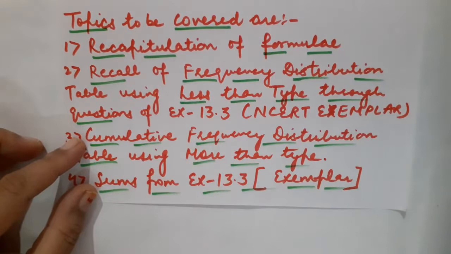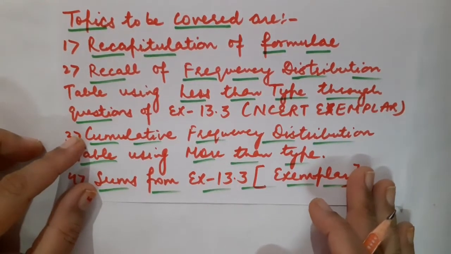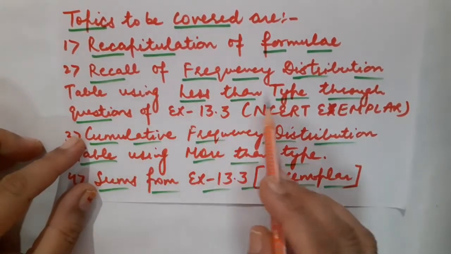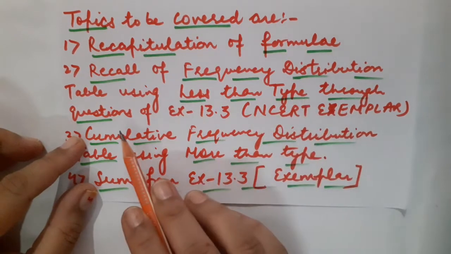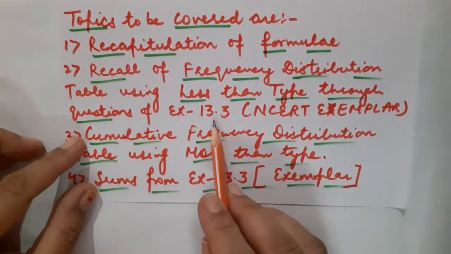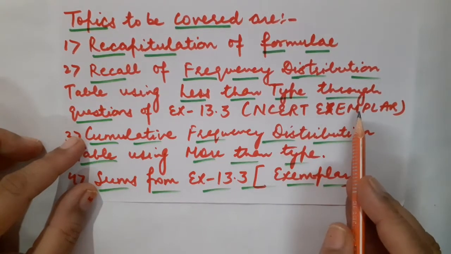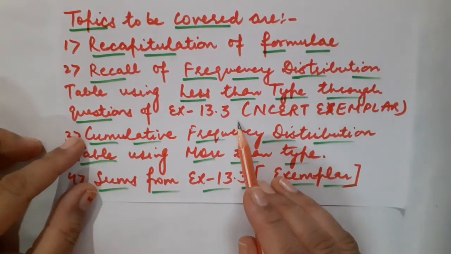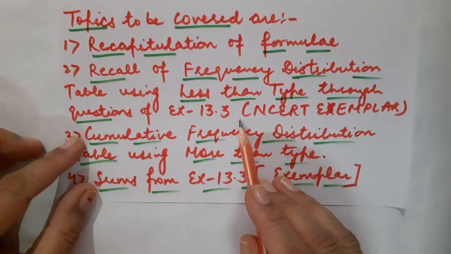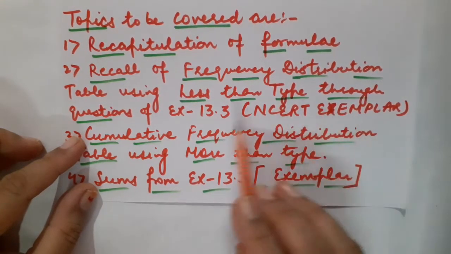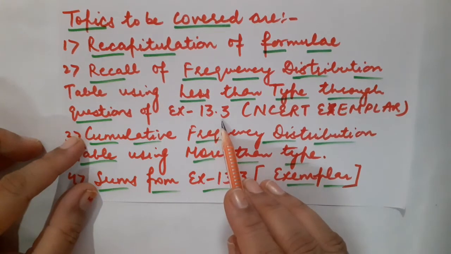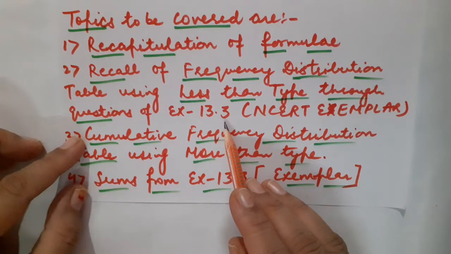After that, we will be recalling cumulative frequency distribution table using less than type through questions from exercise 13.3 of NCERT exemplar. Children, actually this chapter is 14th in your main textbook NCERT, but in NCERT exemplar it is chapter number 13, the combination of statistics along with probability, correct?